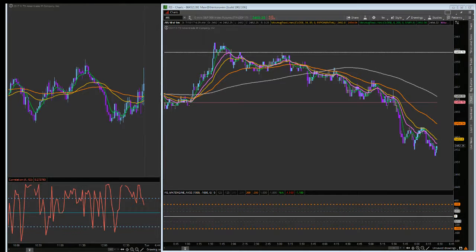Okay, we've got about a minute here before the market opens. Also of note, just to orient your eyes, I have a couple moving averages on here. Got the 200 moving average, a couple other moving averages.